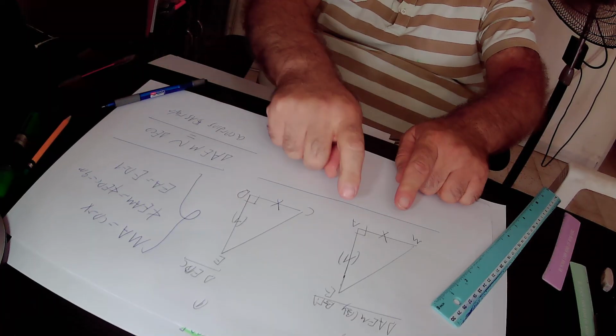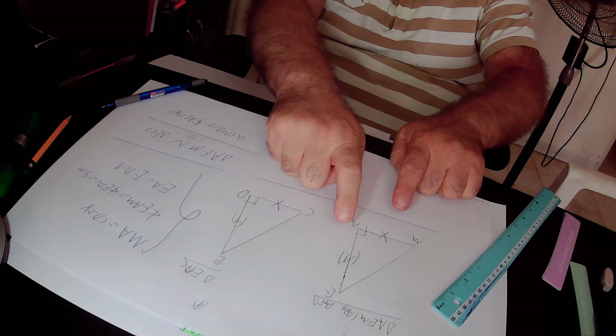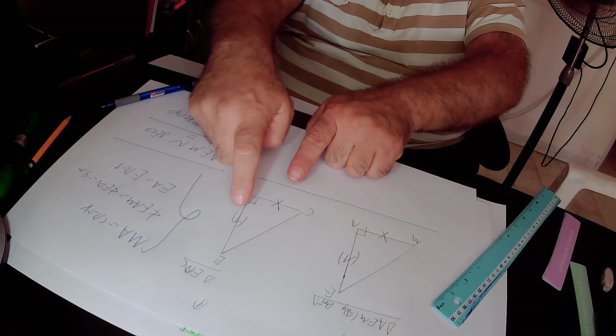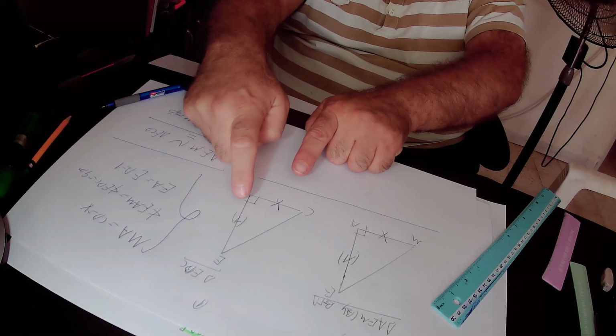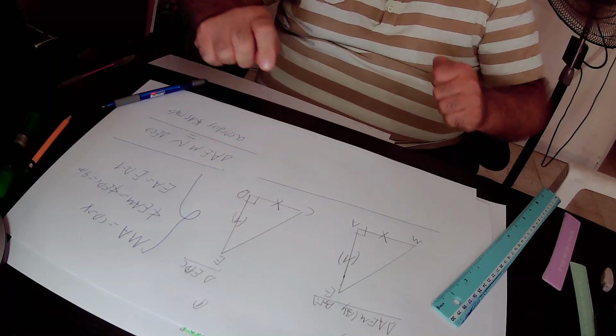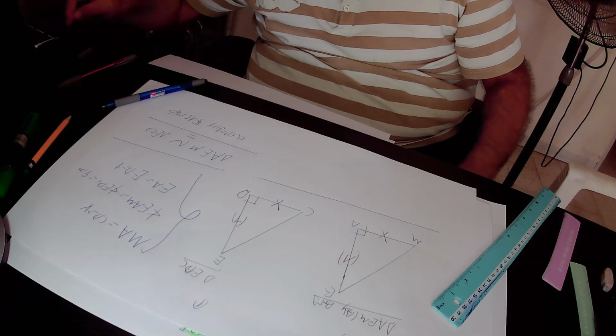We have two sides and the angle included between those two sides in the right triangle EAM correspondingly equal to those two sides and the angle included between those two sides in the right triangle ECD. And therefore those two right triangles can relate to each other according to the side angle side rule.